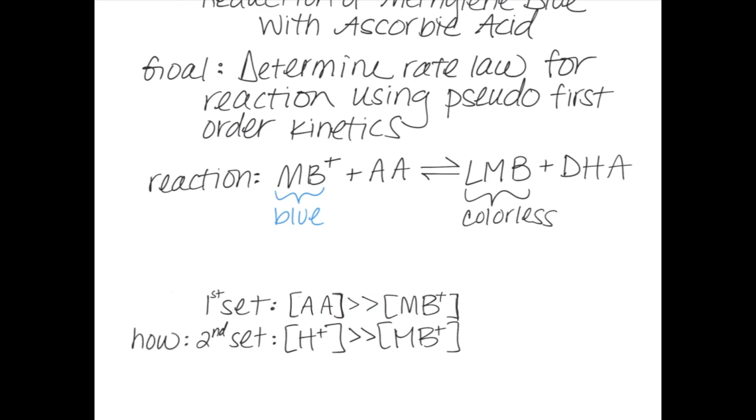This makes it so the change of ascorbic acid over time is essentially zero because it's so much larger as compared to methylene blue. And we're going to run a second set of reactions in which the hydrogen concentration is also so much larger than methylene blue that the hydrogen concentration is essentially stable throughout the reaction.